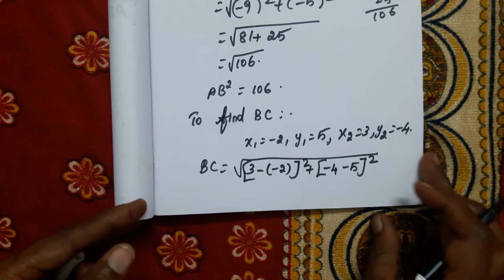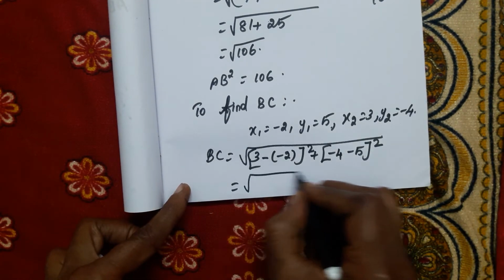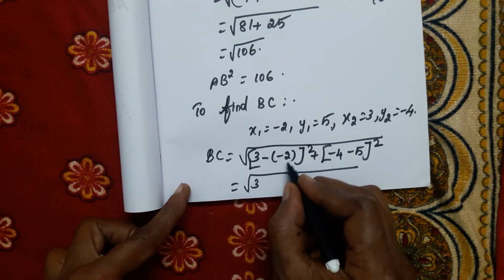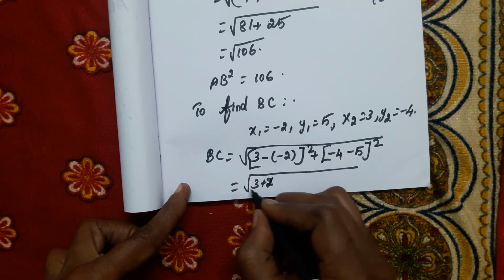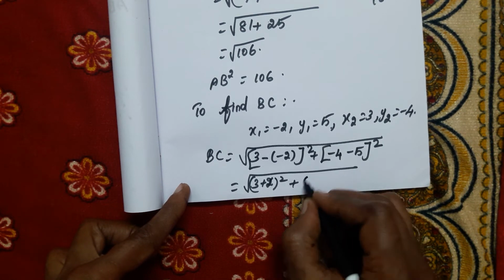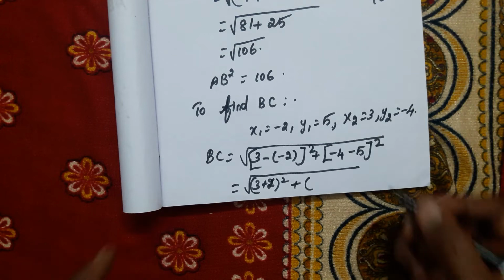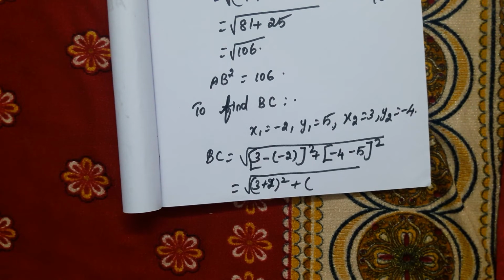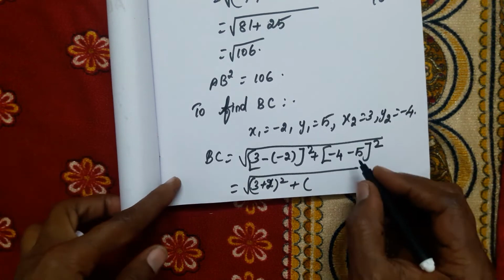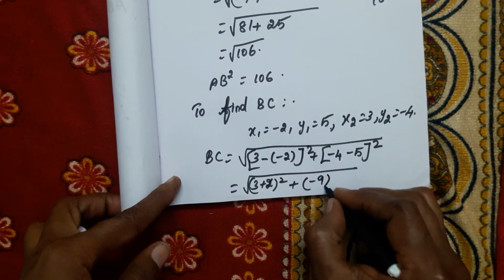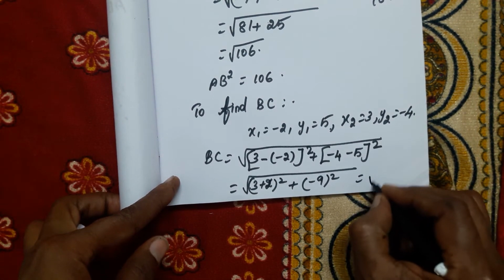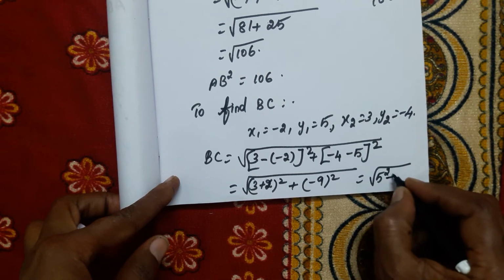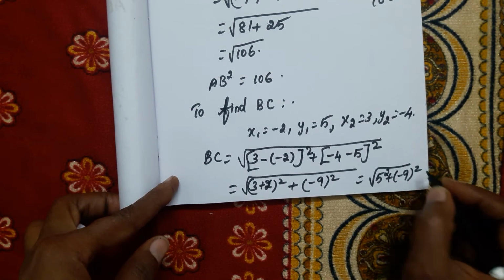the whole square. It's equal to root of (3 plus 2) the whole square plus (minus 4 minus 5), where minus and minus both also means add and put the minus symbol, so minus 9 the whole square. It's equal to root of 5 square plus (minus 9) the whole square.